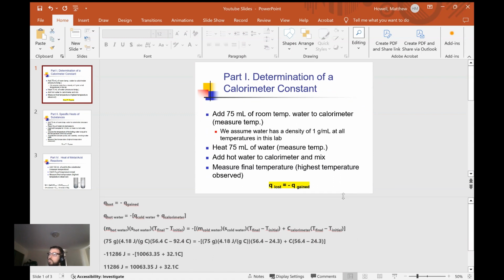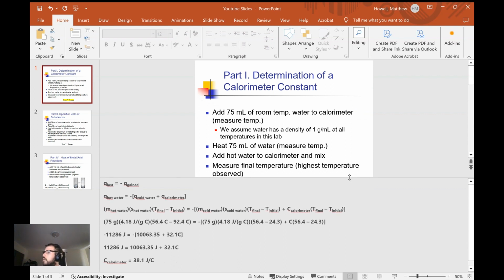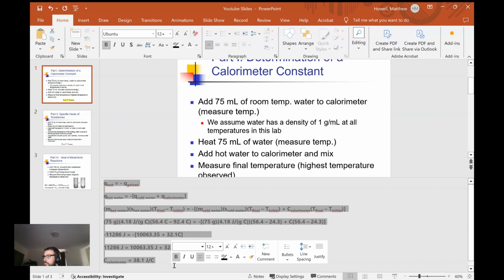I tried to make a video earlier and kind of botched it in trying to check my work. So I just decided to write everything out this time. So what I have here, let me see if highlighting it makes it a little bit more clear on the screen.